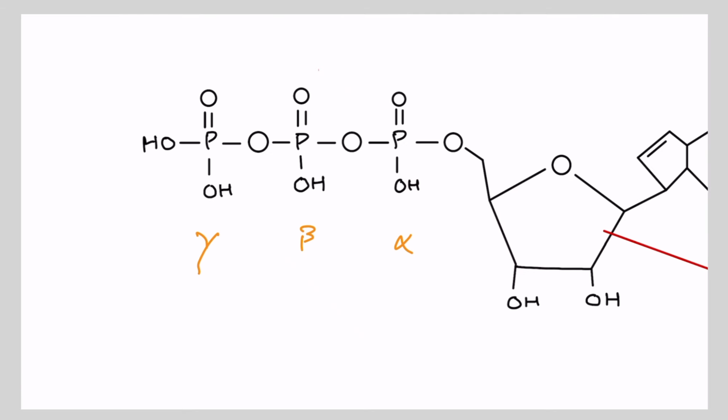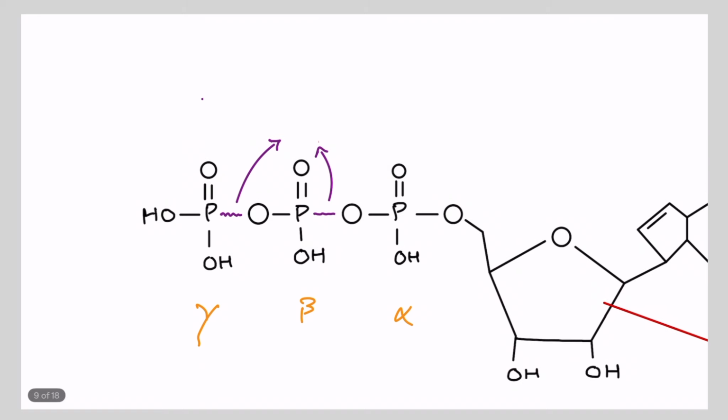So the bond that we have between the gamma phosphate and the beta phosphate, and the bond that we have between the beta and the alpha is going to be high energy bonds. These bonds are going to be very high in energy, and let's try to draw it like this. And these bonds are called phosphoanhydride bonds.